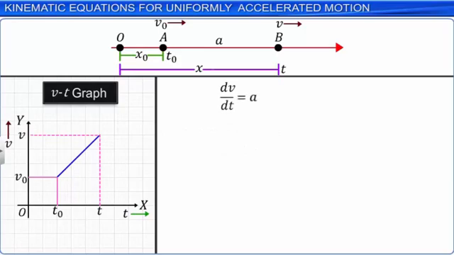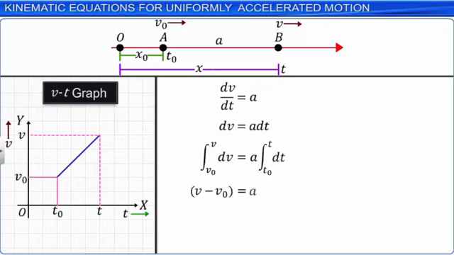Integrating both sides, integral v naught to v dv is equal to a into integral t naught to t dt. v minus v naught is equal to a into t minus t naught. Rearranging the equation, v equals v naught plus a into t minus t naught. This is equation 1 of motion.